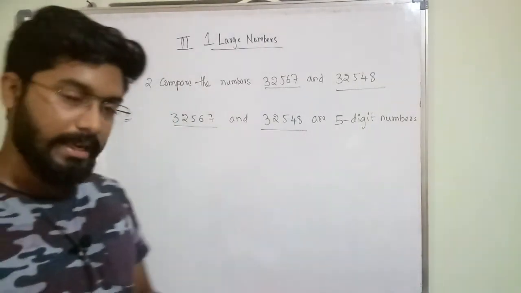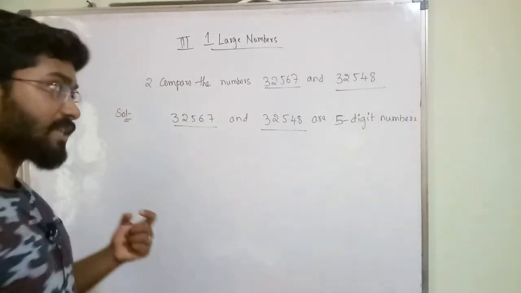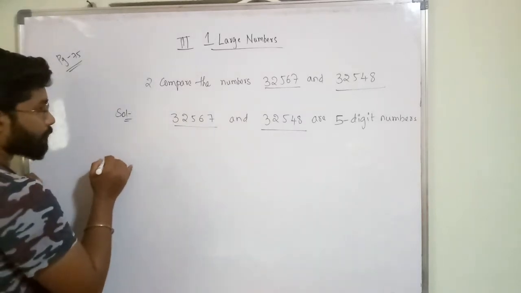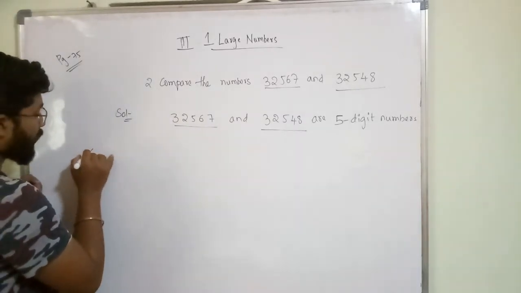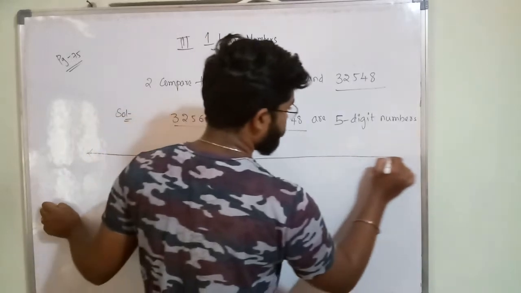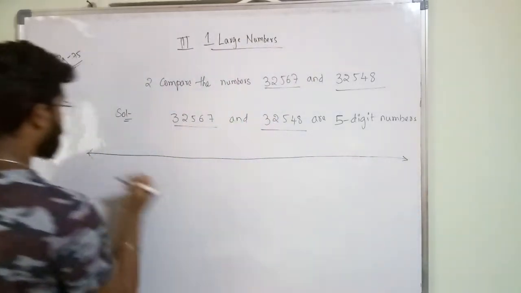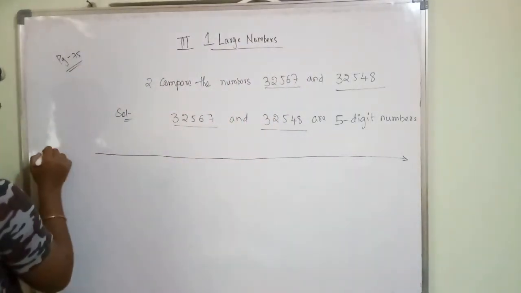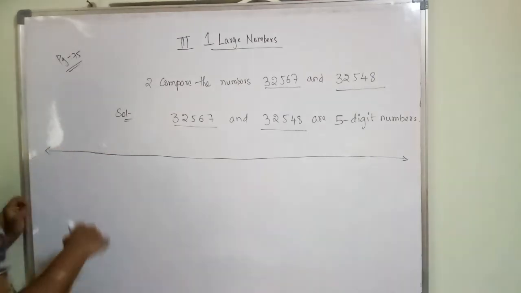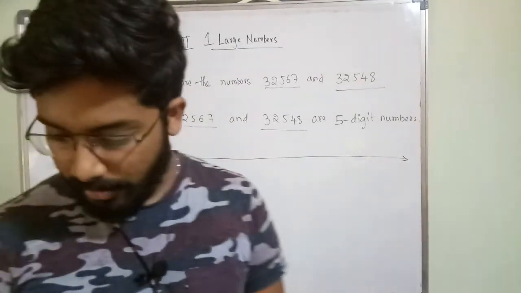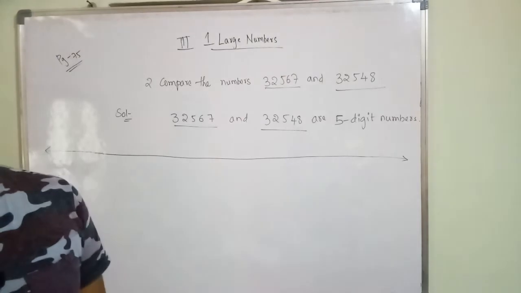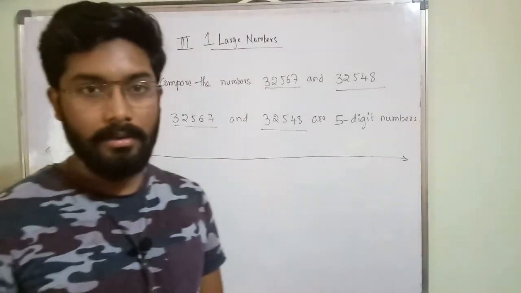One more easy way is that I am drawing a number line. There is one more statement: the number that comes later in the number line is the greater number.